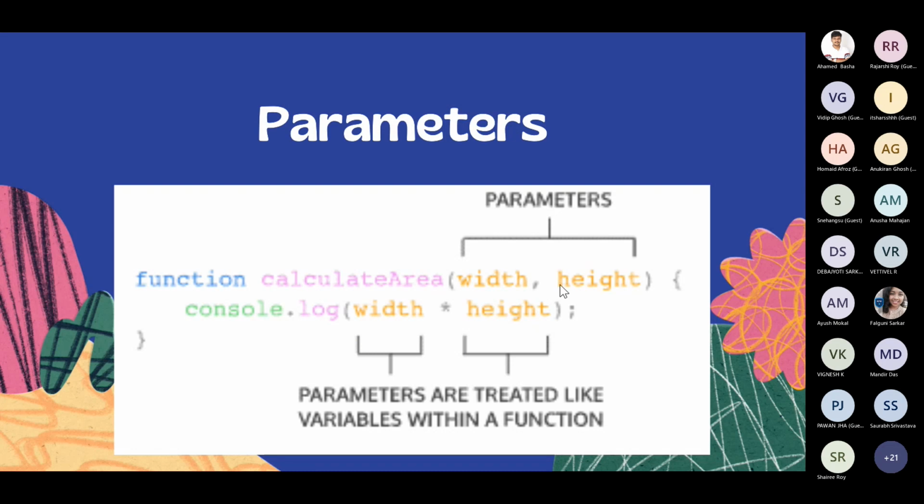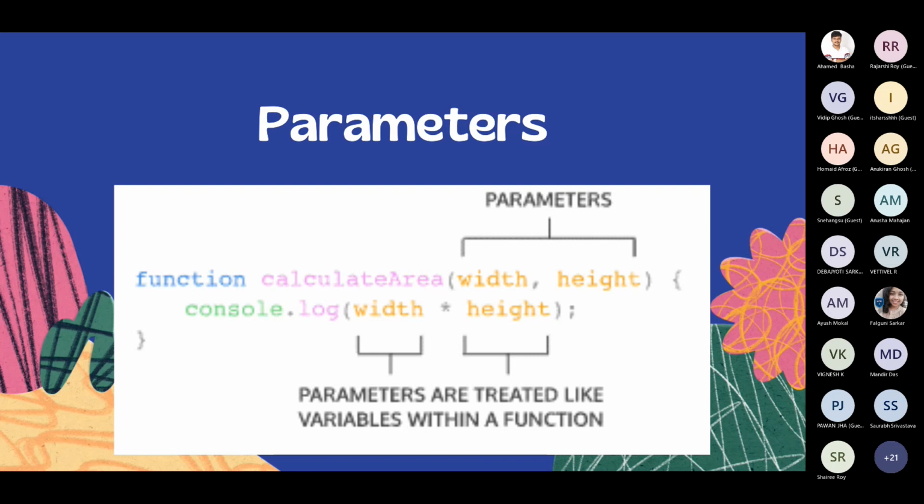So if I have to officially introduce parameters to you, they allow the function to accept inputs and perform a task using the inputs. So over here, parameters are treated like variables within a function. This is the general and basic definition of parameters.